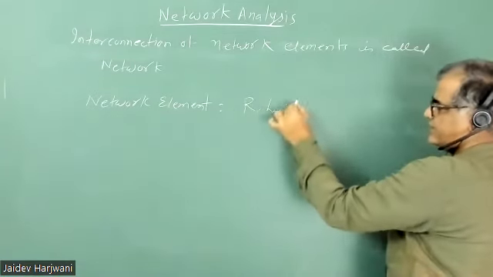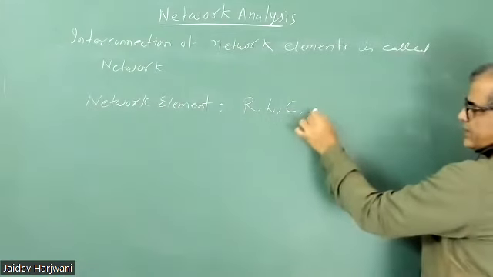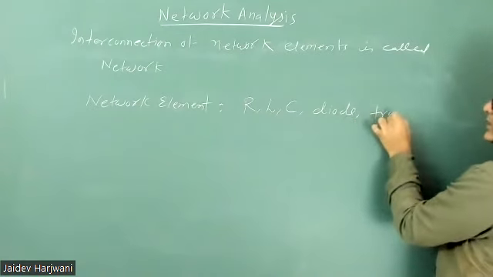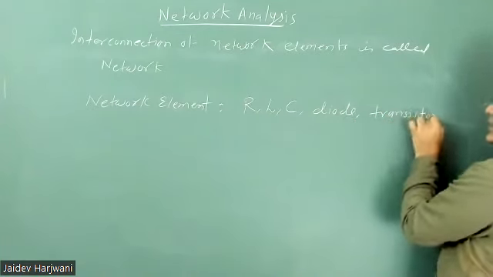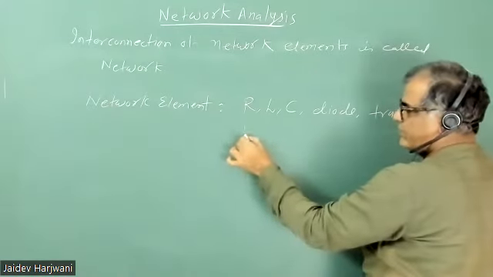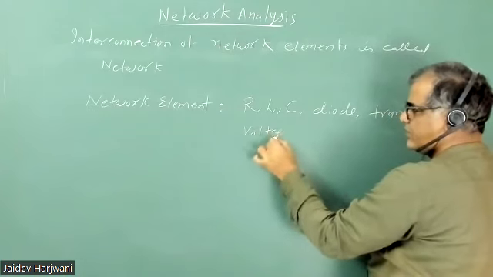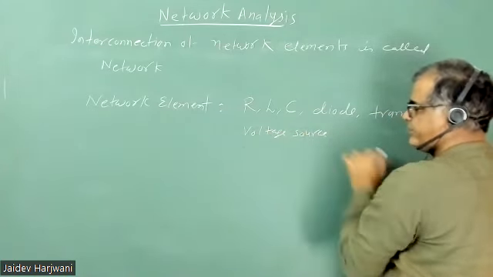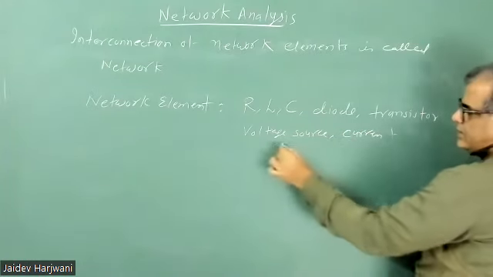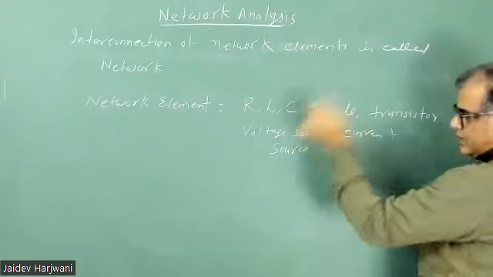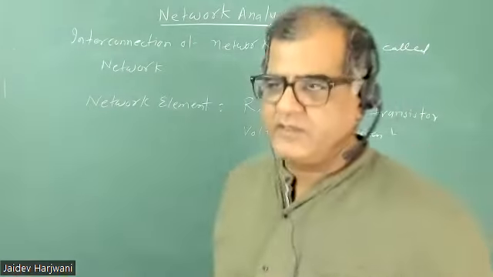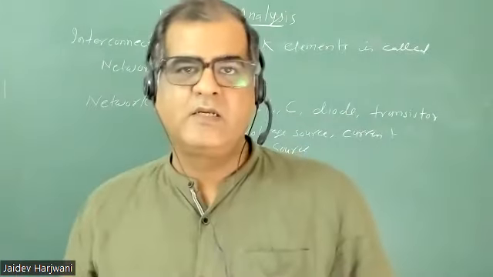Similarly, inductor, capacitor, diode, transistor, then energy sources like voltage source and current source. These are called network elements. Any type of interconnection between these network elements is called your network.